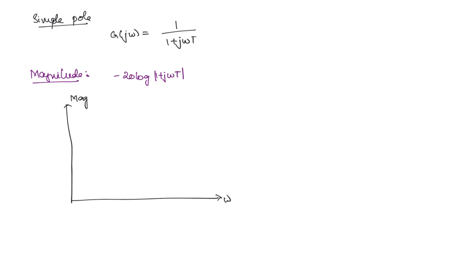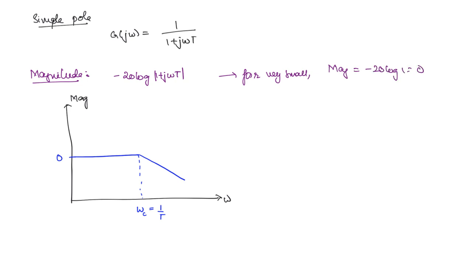This is the frequency. Let us say we have 0 here. Then it is going to start like this. And then at corner frequency, what will be the expression for this corner frequency? It will be 1 by t. At this point, it will now start going down. Okay. Because you can in fact write down for very small omega, the magnitude is going to be minus 20 log 1, which is 0.